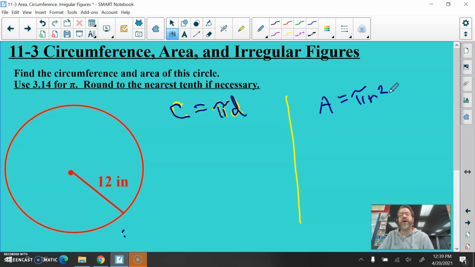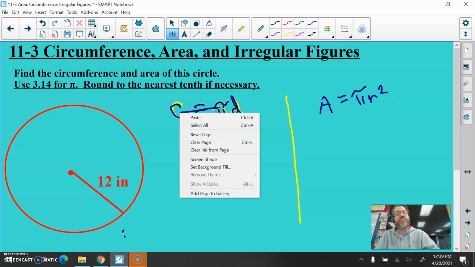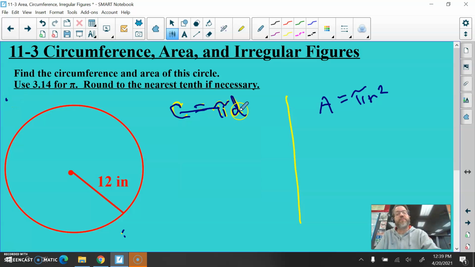One of them, pi r squared, has squared in it, and area is always square units, isn't it? So it's easy to remember the area formula must be the one that has squared in it. The other thing I'm noticing is to find circumference, I need to know the diameter of the circle, but to find area, I need to know the radius of the circle.